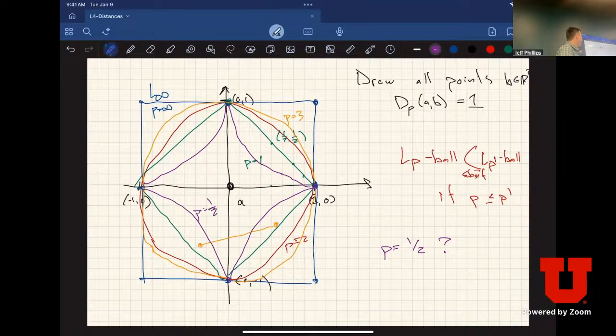What property does this not have, as illustrated by this orange line here? Or not quite illustrated by that line, but I could draw a similar line that would illustrate it. It's not convex. That's right. I could pick 2 points here, and the straight line would go outside the shape. So it's not convex.